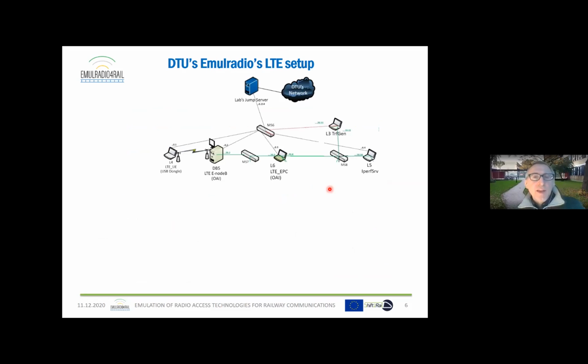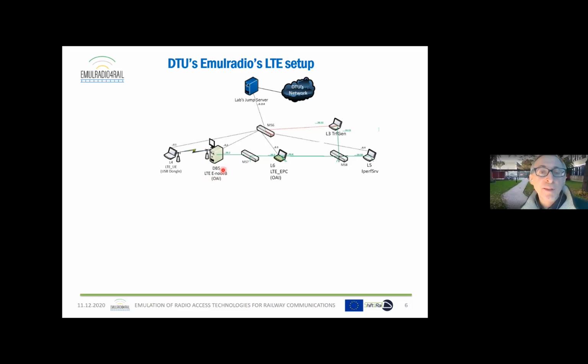So this is a diagram of the setup that we have in our laboratory. The idea, as mentioned, is to have an LTE-based transmitter that connects to an LTE eNodeB. The eNodeB is the element in the LTE network that is collocated with the antenna in the radio access and does all the signal processing and packaging, converting the data from radio to IP-based packets.